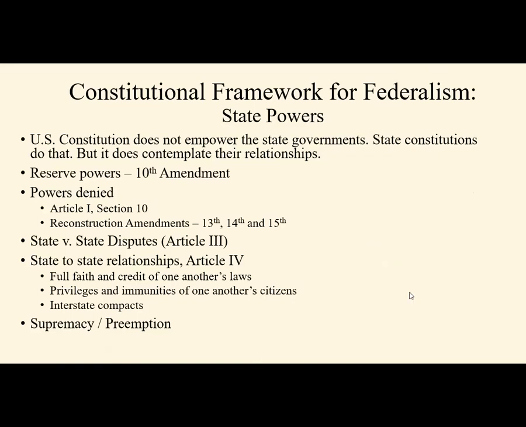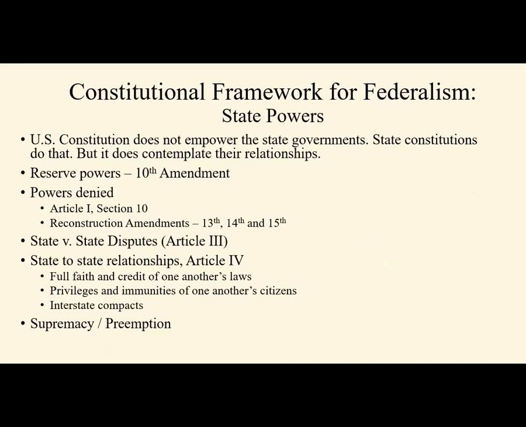The last measure that the Constitution applies when we're talking about the relationship between the states and American federalism is the Supremacy Clause. And this is in Article 6 of the Constitution. In Article 6, the Constitution makes clear that when Congress passes a law validly, like that's within the scope of its authority provided by the Constitution, Congress's laws are supreme to state laws.